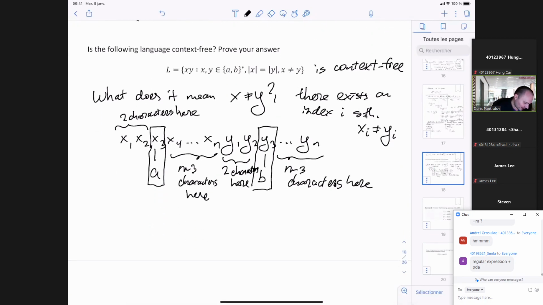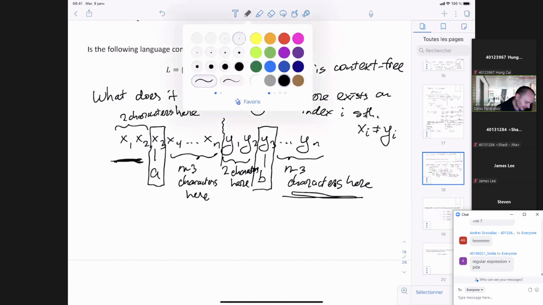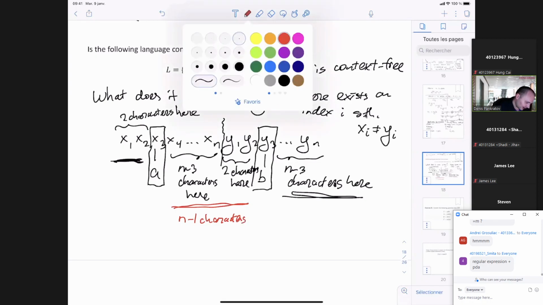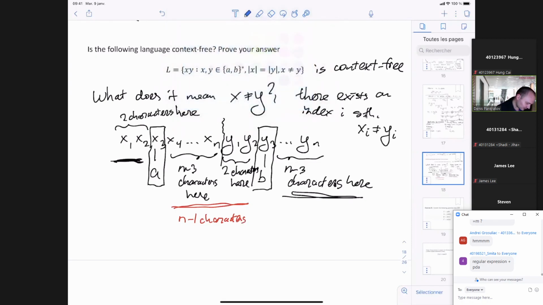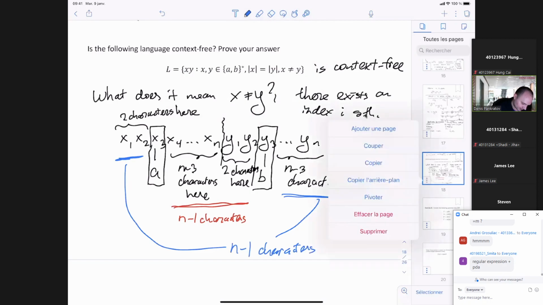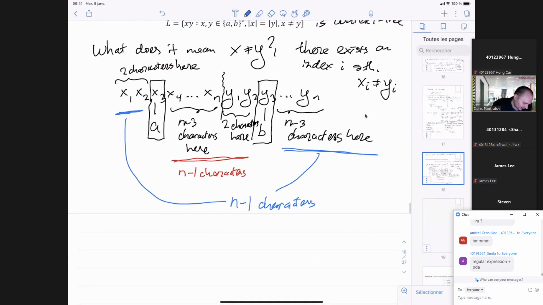Okay, but we're kind of splitting it along the y portion. But the important thing is that the summation of the number of characters here plus here, it is equal to the same as the number of characters here. So here we have n-1 characters. And together, the two, let me use blue portions, they also have n-1 characters.